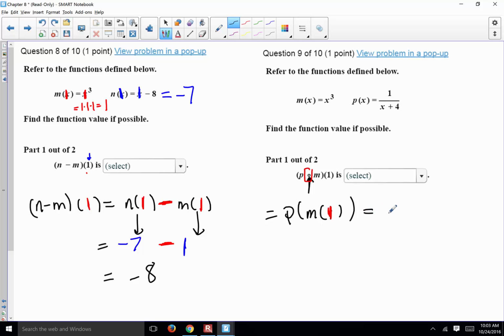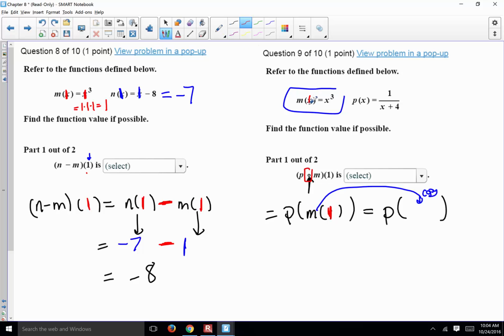Two minutes ago, we used to copy m of x here. You would just read and copy m of x to here. You're no longer able to do that. Why? Because this is not m of x, but instead it is m of 1.